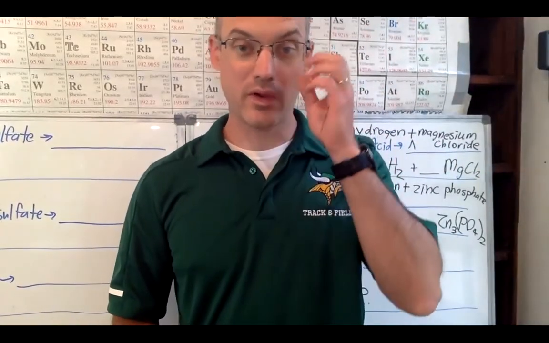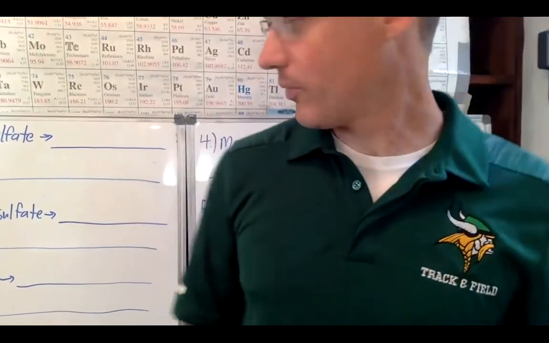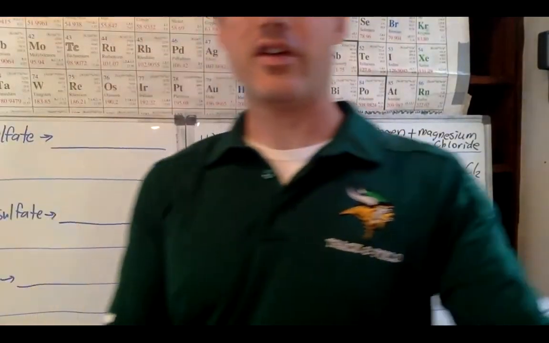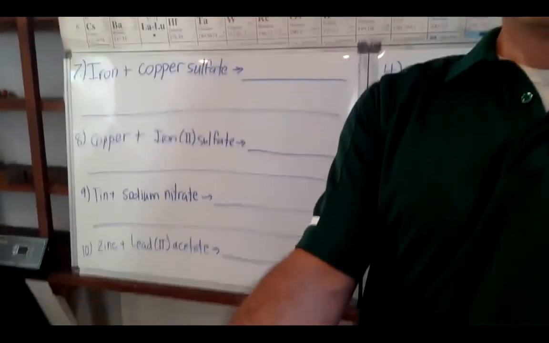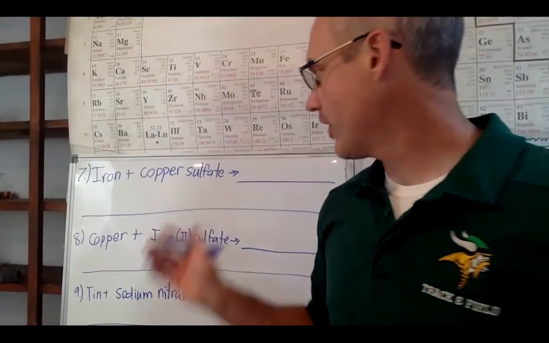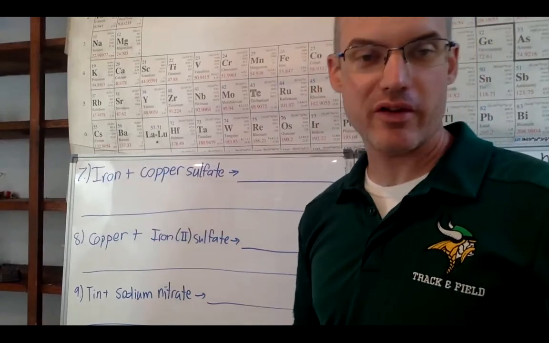All right, so the last bit that we have to look at are the metal plus ionic compounds. So I have those here now. These reactions are all going to be a metal trying to beat out another one in a fight.